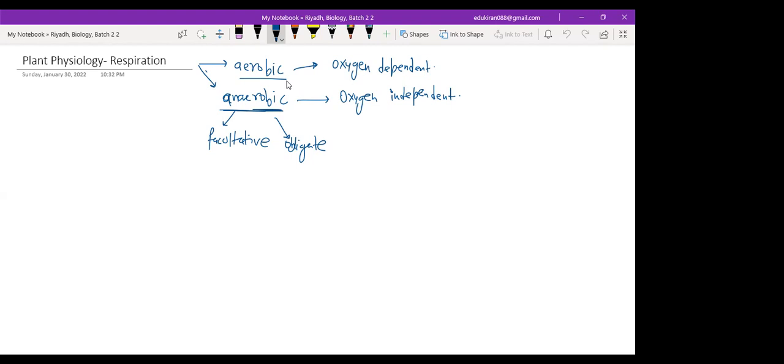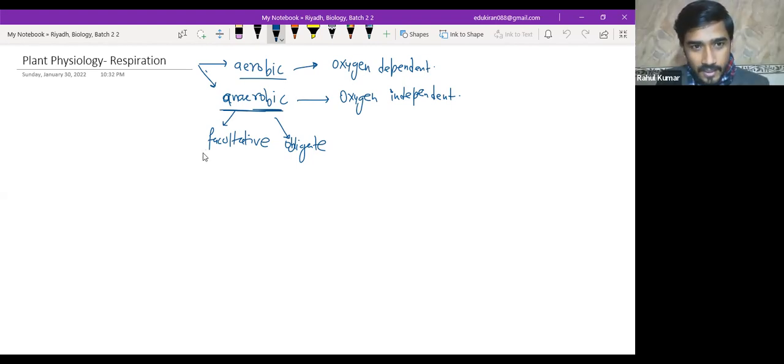If an organism is a facultative anaerobe, then the presence or absence of oxygen will not affect it. Even if oxygen is there, it can continue to respire because oxygen is not required.